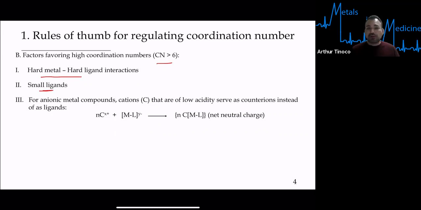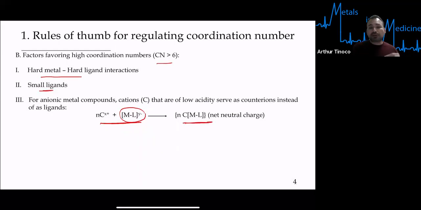And then this third point, again, very similar to what I was talking about for the low coordination number, is when we're talking about compounds that are of a charged state. In this case, we're talking about a compound that is going to be anionic, so its overall charge is negative. How do we interact that anion with a counter cation in order to, at the end, have this neutral charge?